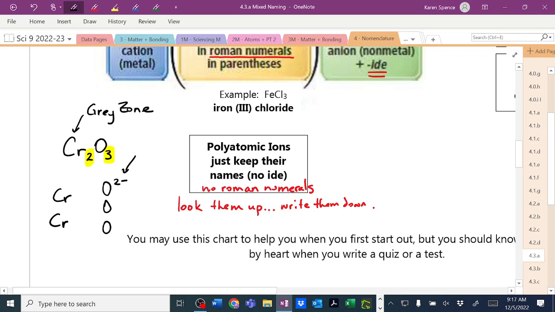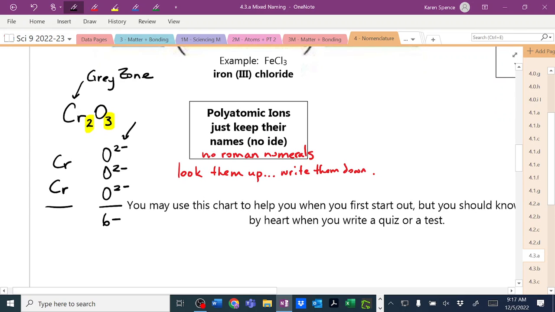It is 2 minus, 2 minus, 2 minus. Next we add up all the negatives, so that gives us 6 minus. How much positive do we have to have? 6 positive. And this is the last part, don't forget this. What do you have to do with that 6 positive?